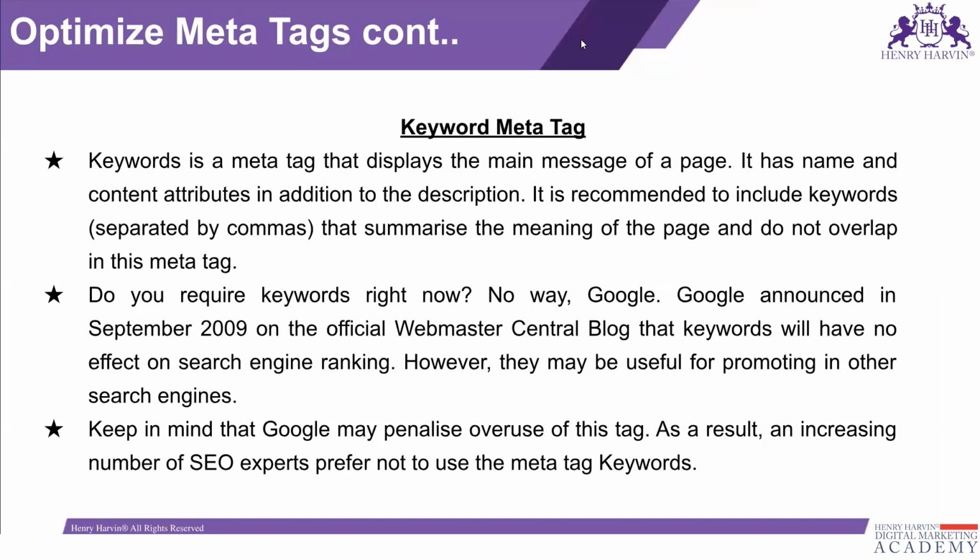in this meta tag. So it simply means it will provide a section, and there are so many plugins that you can use if you are using WordPress CMS, and you can just mention your keywords related to your content.